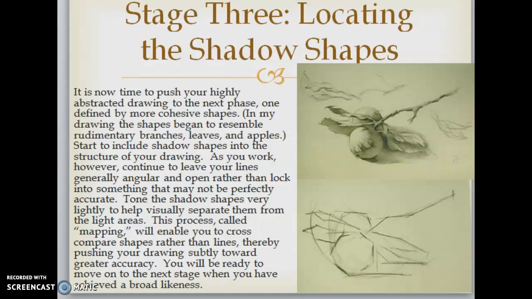Tone the shadow shapes very lightly to help visually separate them from the light areas. This process, called mapping, will enable you to cross-compare shapes rather than lines, thereby pushing your drawing subtly toward greater accuracy. You'll be ready to move on to the next stage when you have achieved a broad likeness.